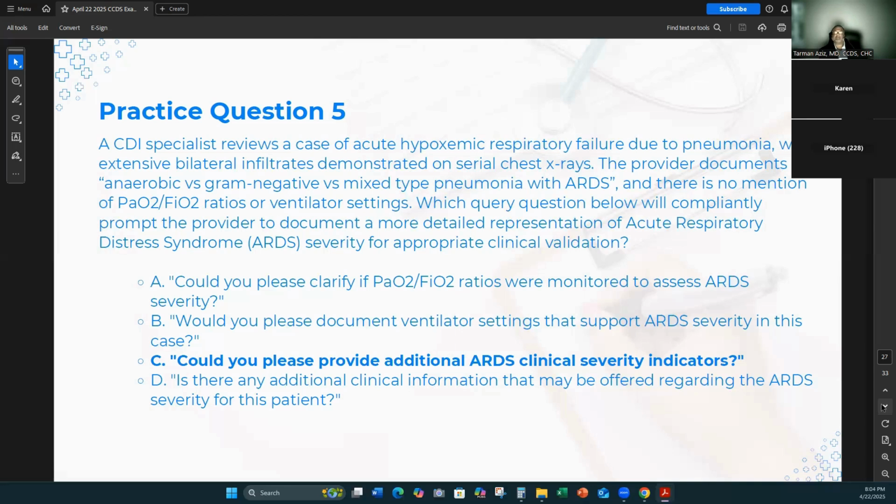You might do the same thing for sepsis. You might see no real evidence of sepsis, yet it's all over the record. You would simply ask for additional evidence, additional clinical indicators. It's the most neutral and the least leading and therefore the most compliant way of the four choices.